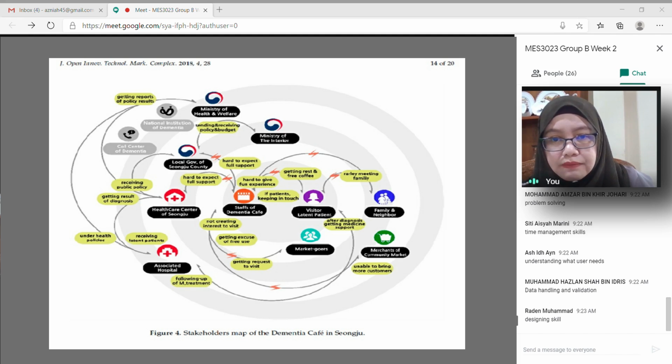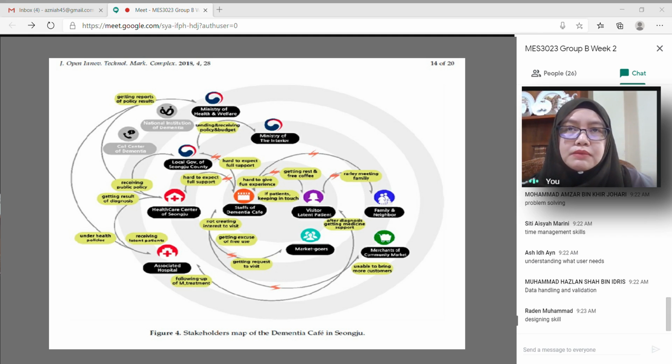And we also have the Ministry of the Interior, the local government, the healthcare center, and a less directly related one, the associated hospital. We have the Ministry of Health and Welfare, and the gray-colored national institution and call center for dementia.